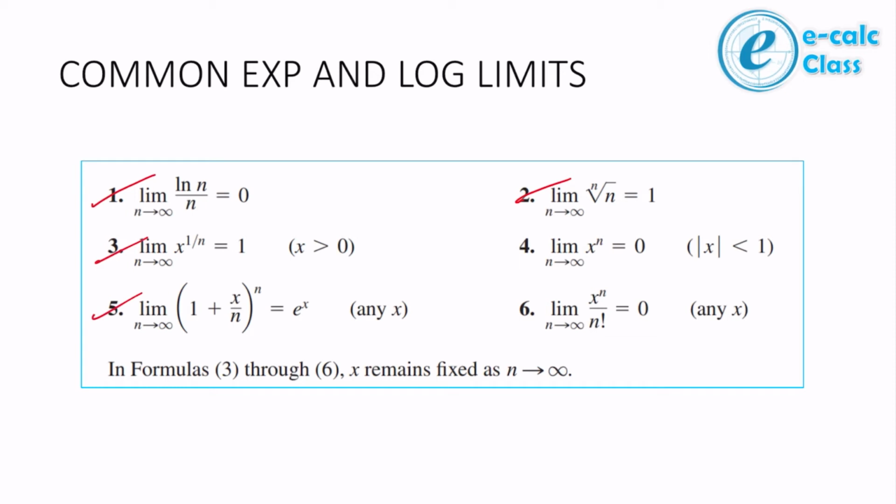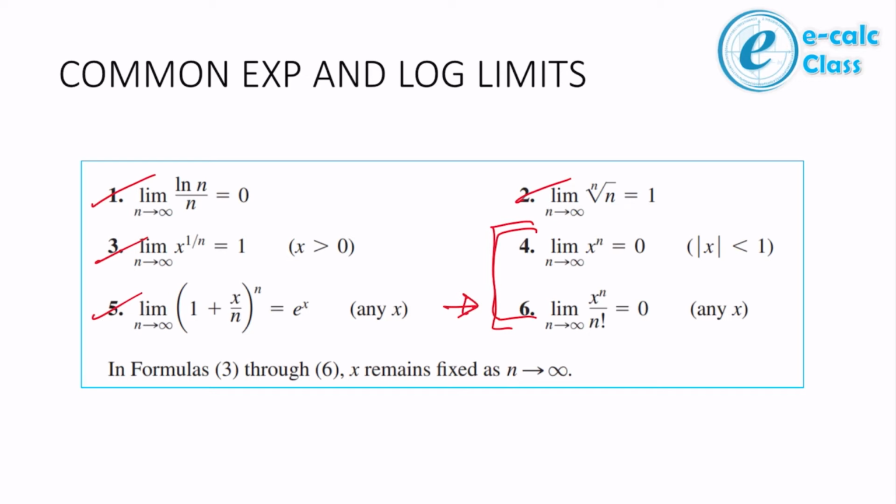Then for 4 and 6, I will just briefly go through, but I will not do the full proof. Number 4 is related to number 6. You will need number 4 when you are proving number 6. So we'll just go through this very quickly.